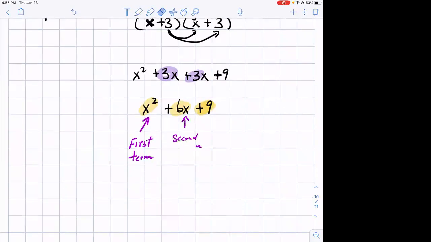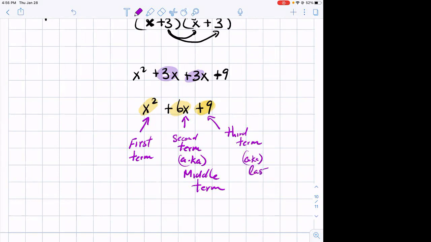Here we have our third term, also known as the last term. So the first, second, and third, or first, middle, last.